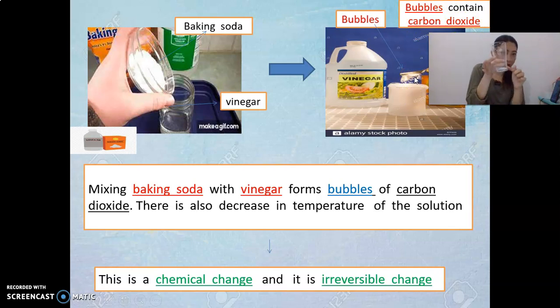These bubbles contain carbon dioxide. So mixing baking soda with vinegar forms bubbles of carbon dioxide. There is also a change in temperature of the solution. So this is a chemical change and it is an irreversible change.